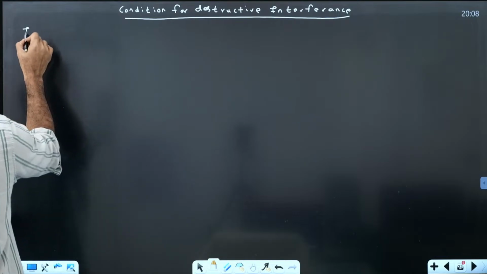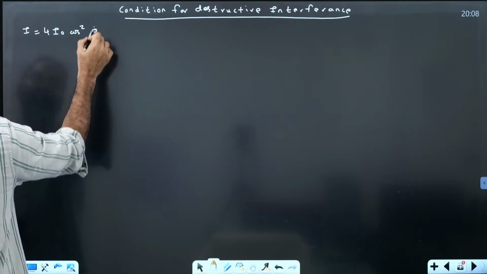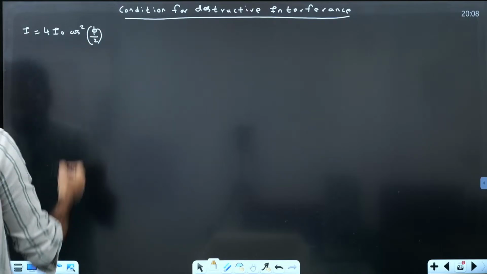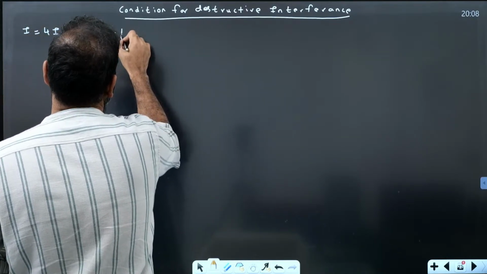Intensity I is equal to 4I0 cos square phi/2.